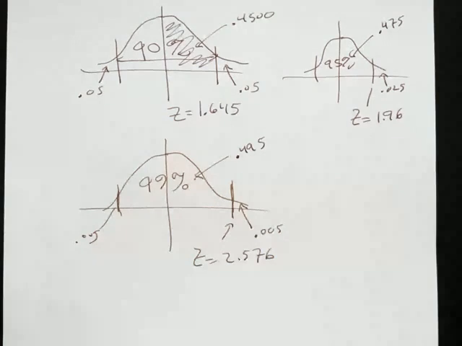If I actually use the Excel command to do the inverse normal, I get that number. Now, what does this mean? This means that those numbers, 1.645, 1.96, they didn't come out of nowhere. They came out of my idea of a margin of error.